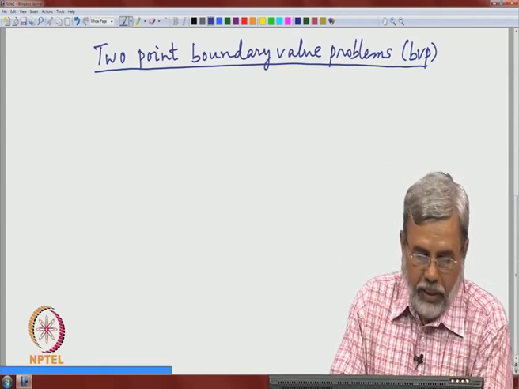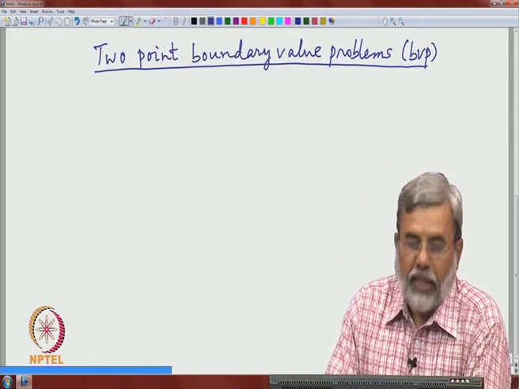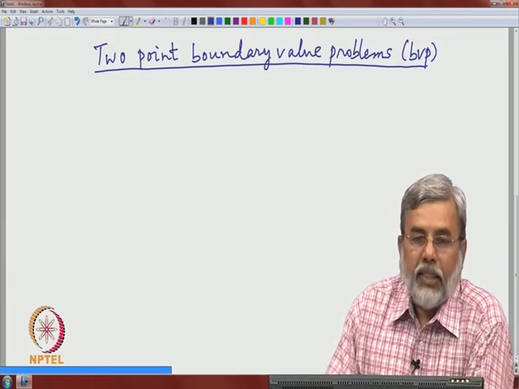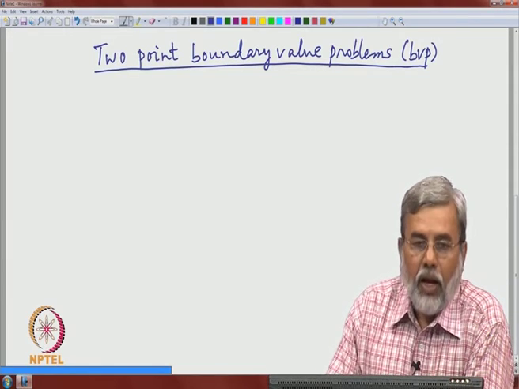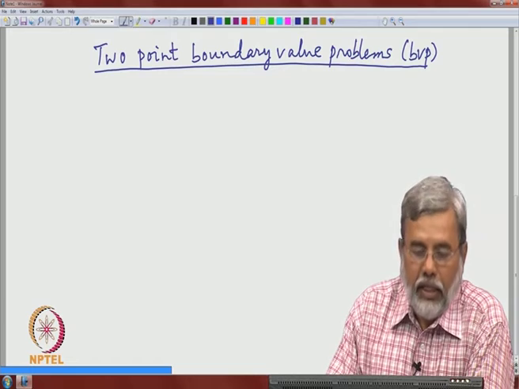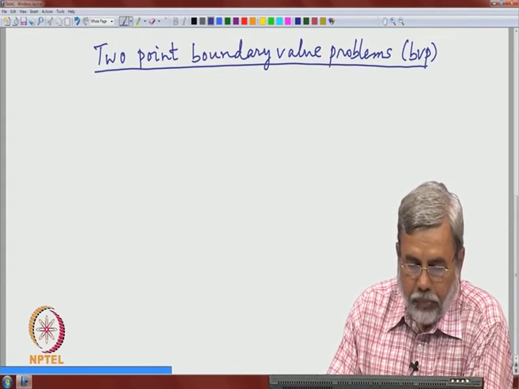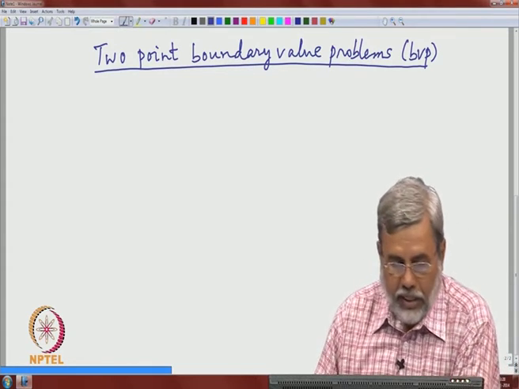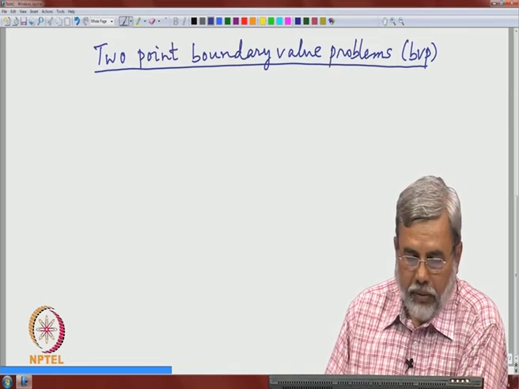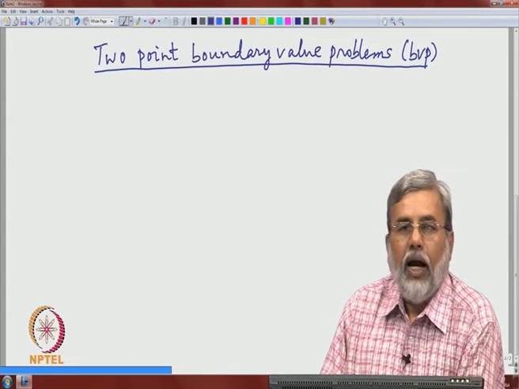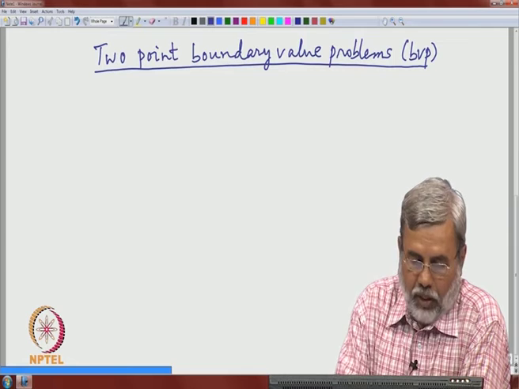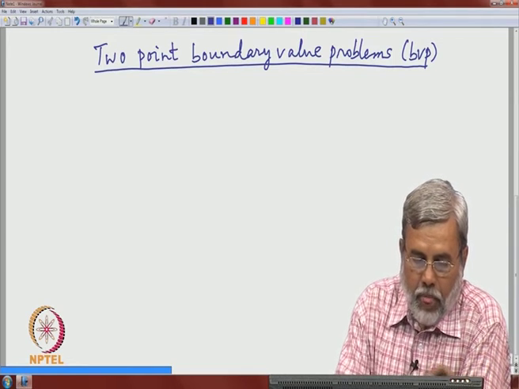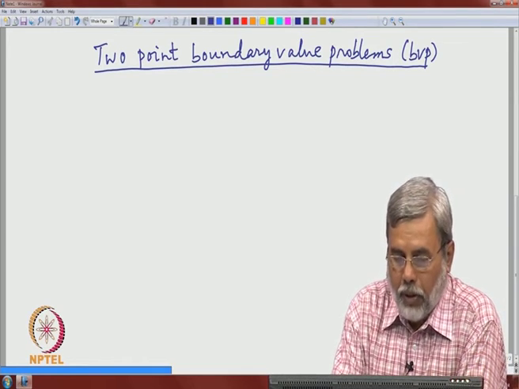So, in many important applications concerning differential equations, the data on the unknown function is given not at just one point, but many points, and we now restrict our discussion to 2-point boundary value problems.